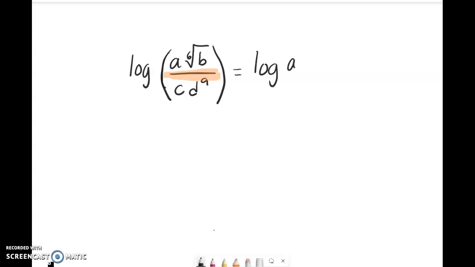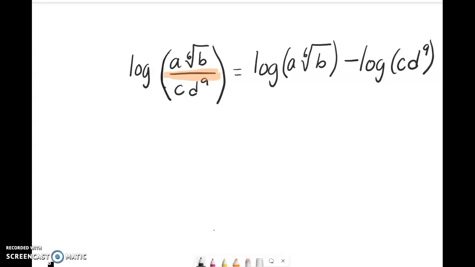I can say the log of a times the sixth root of b, minus the log of c times d to the ninth. I can rewrite it in this form because of the quotient property.